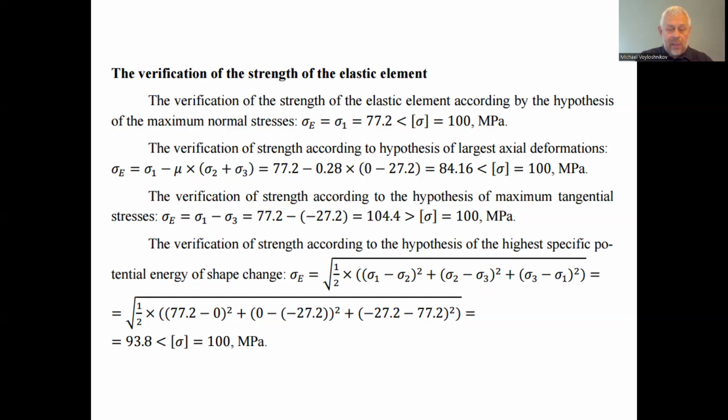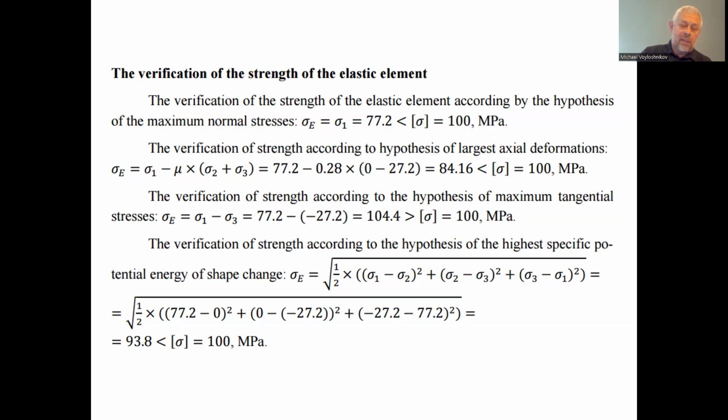We said that actually we have many concepts, maybe a few tens, of the strength of the segment of the mechanical body, but we considered only the four more usual ones.